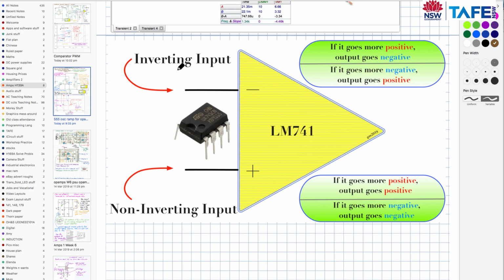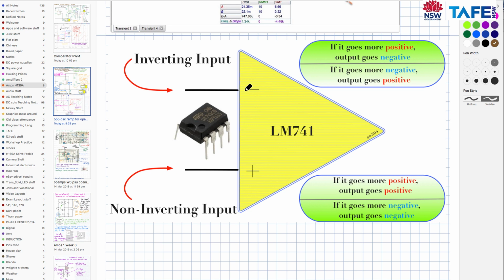But of course, when we look at the inverting input, we have to consider that if we get a gross positive input here, we only needed about 50 microvolts difference between the 2 terminals if we consider this as a differential amplifier with a lot of gain. Open loop gain of a 741, say, is about 200,000 times.